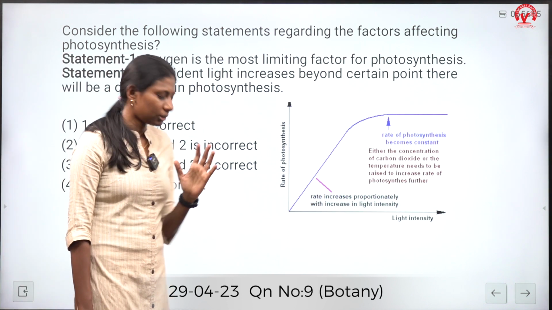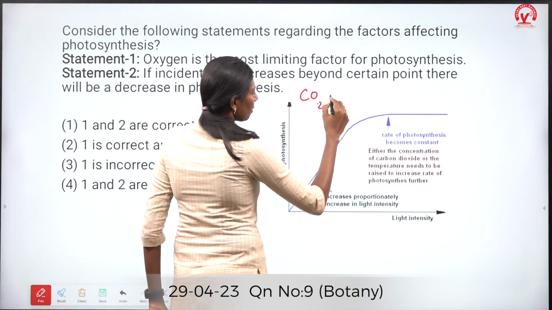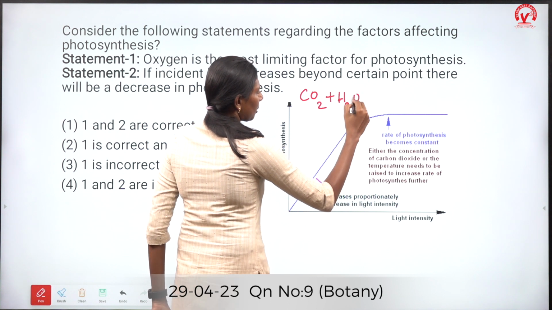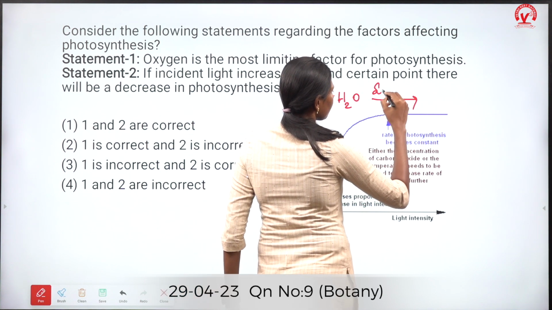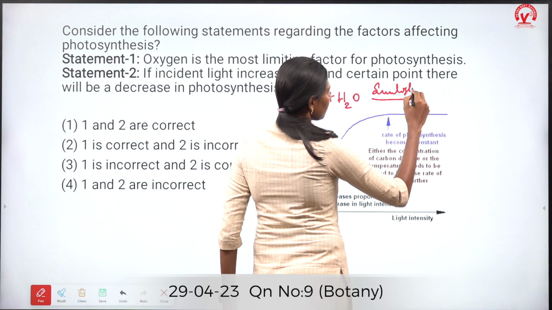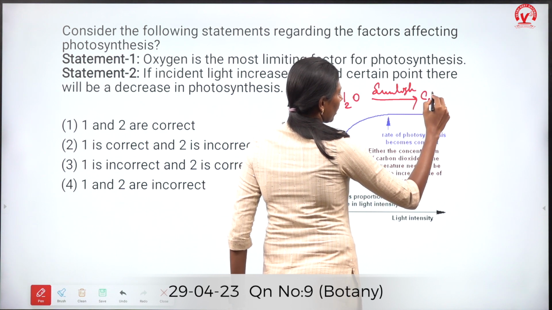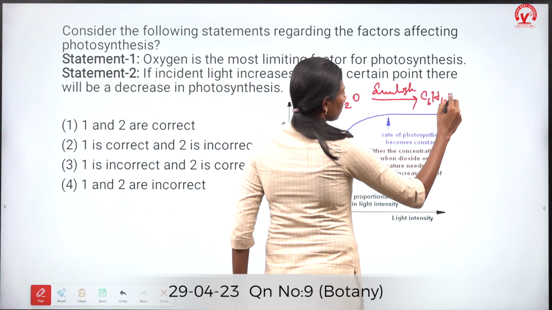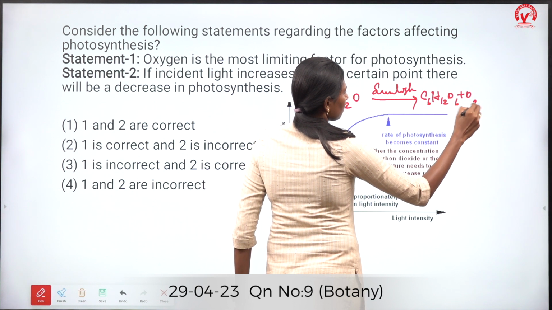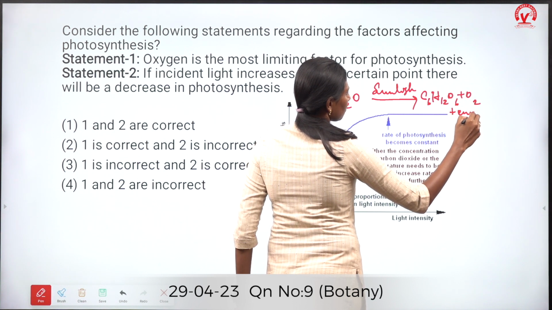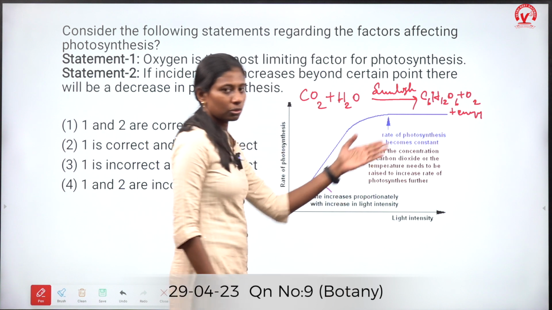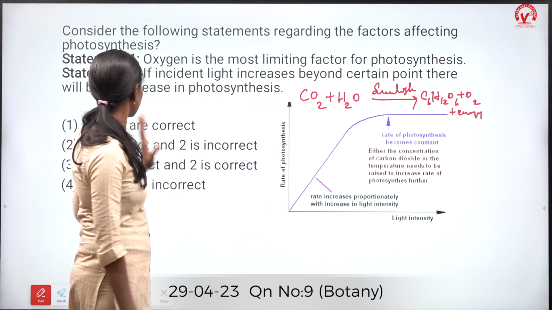So what is photosynthesis? Carbon dioxide and water in the presence of sunlight synthesize the food products, that is glucose. This is photosynthesis.